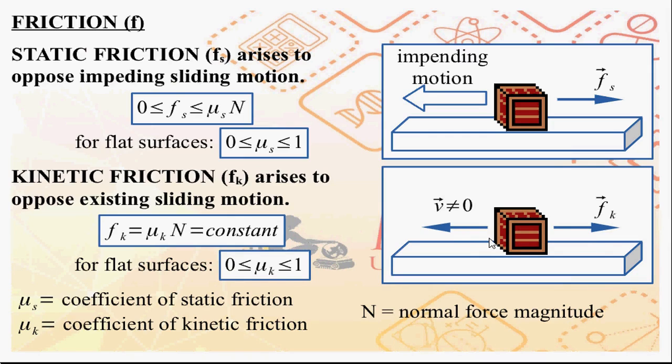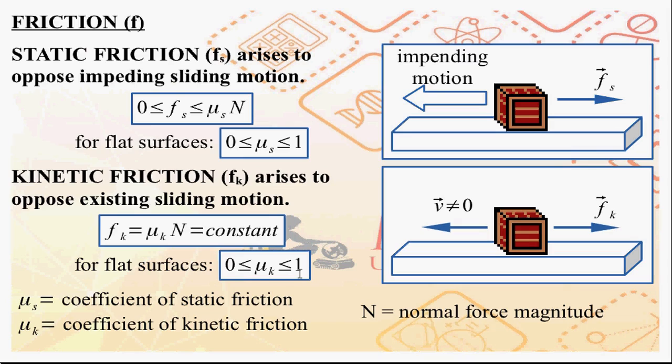The magnitude of kinetic friction, F sub k, is constant, unlike static friction, which ranges from 0 to a maximum value. Kinetic friction magnitude is constant at mu k N. Mu k is the coefficient of kinetic friction, and again, capital N is the normal force magnitude. For flat surfaces, mu k typically ranges from 0 to 1.